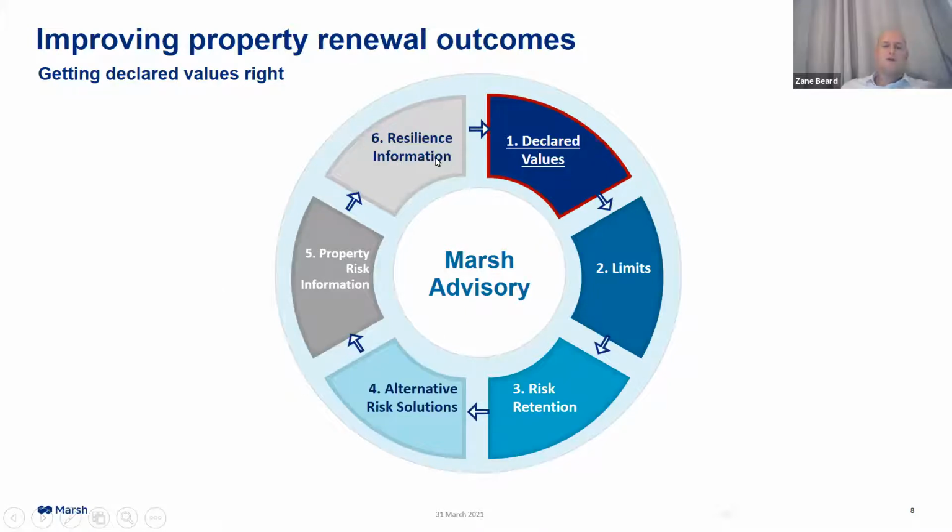We're going to talk about 6 different areas that are worth considering for improving your property renewal outcome. We'll go through each one by one: why is it important, and if you need some help on these, how Marsh can help. I'll hand the time over to Rob to start, who will talk to us over the first couple of points.